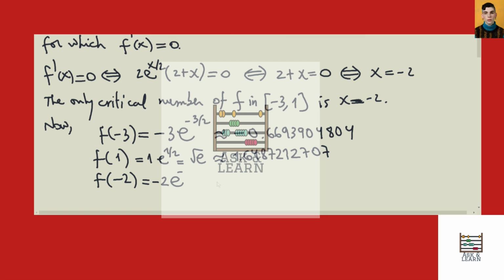It's -2 times e to the -2 half, I meant.